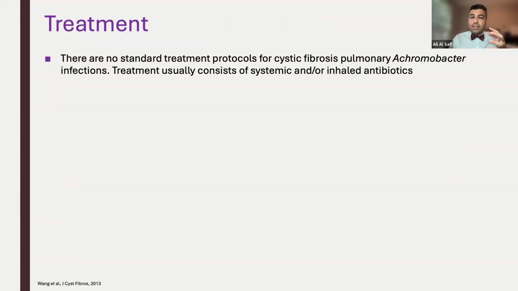So what do we use? There is no standard treatment protocol for cystic fibrosis pulmonary Chromobacter infections. The treatment usually consists of systemic and/or inhaled antibiotics, and we likely use a combination therapy until we wait for the susceptibility.